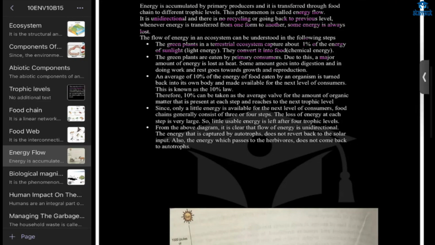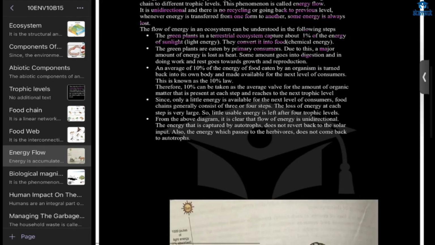Some amount goes into digestion and doing work, and the rest goes towards growth and reproduction. Then an average of about 10% of the energy is eaten by an organism and turned back into its own body, made available for the next level of consumer.